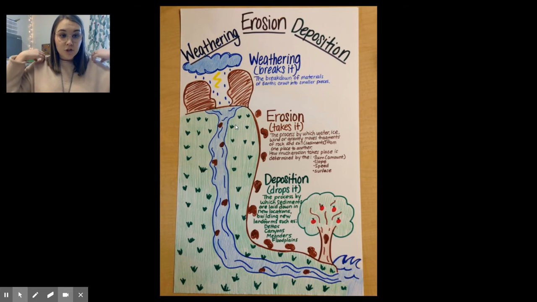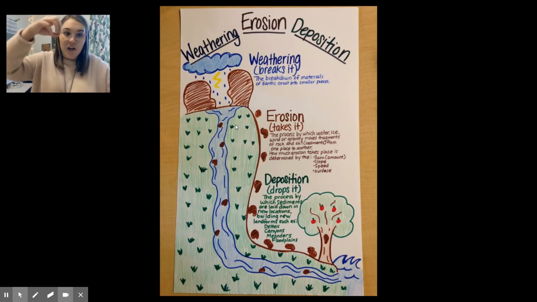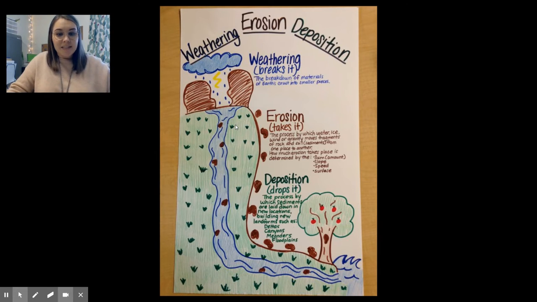How much erosion takes place depends on how many pieces there are, how steep the slope is, the speed, or the surface. So again, weathering breaks it, erosion takes it, and deposition drops it. Deposition is the process in which sediments, those pieces from weathering, are laid down in new locations, building new landforms such as deltas, canyons, meanders, and floodplains.